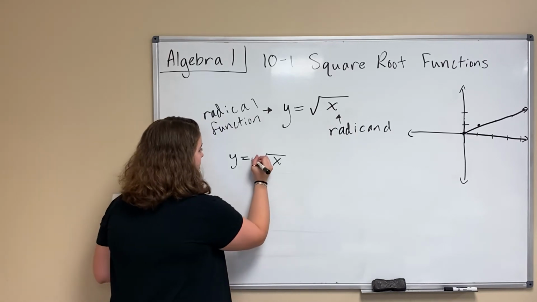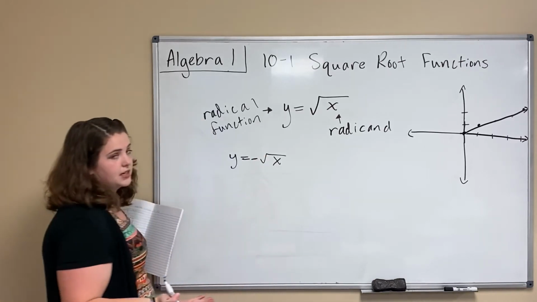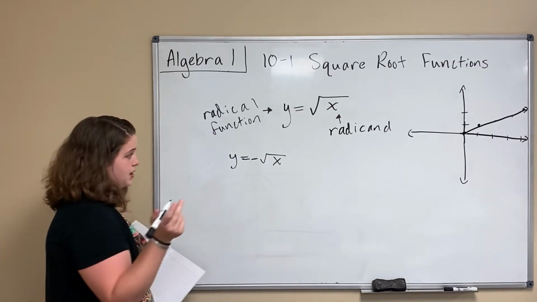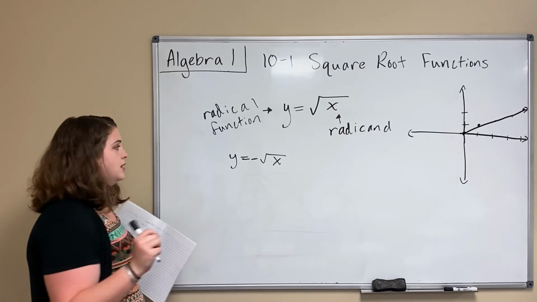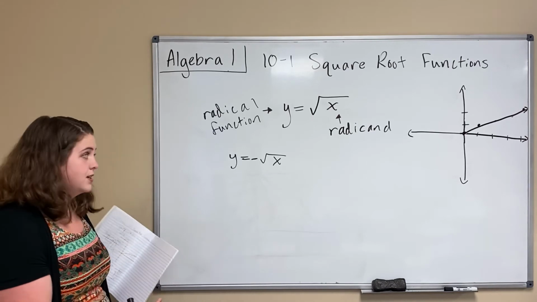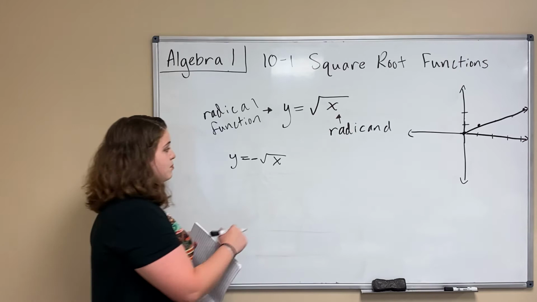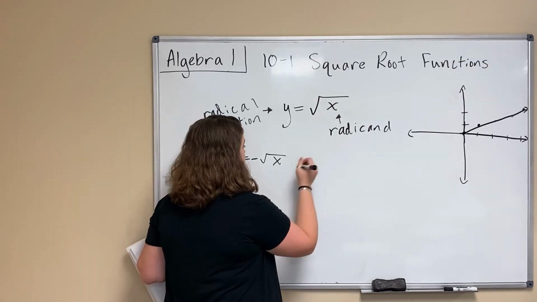If I take a negative number on the outside, here I just put a negative sign, so that would be -1, but if it was -3, -4, -1/2, whatever on the outside, but it's negative, it's going to do the same thing as happened with our quadratics. It's going to flip our graph upside down.